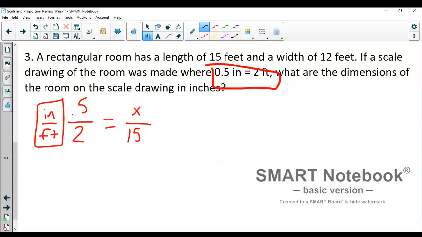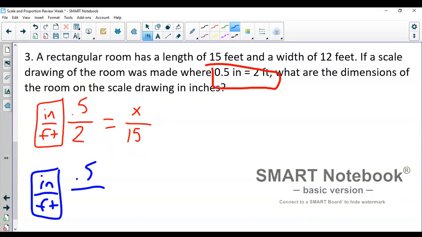In order to determine what the width is, we're going to use the same ticket. We're comparing inches and feet. We know that 0.5 inches is worth 2 feet. We know the width is 12 feet. We are trying to determine how many inches that is. So from here, once you get to this position, the rest of this should be fairly simple. It's the same process we've been doing for months now.